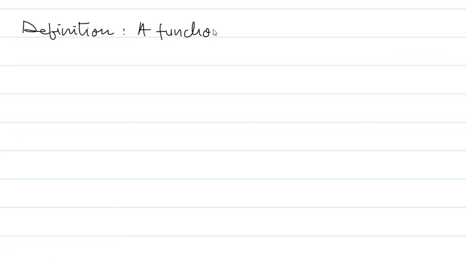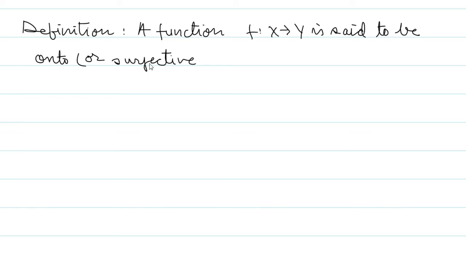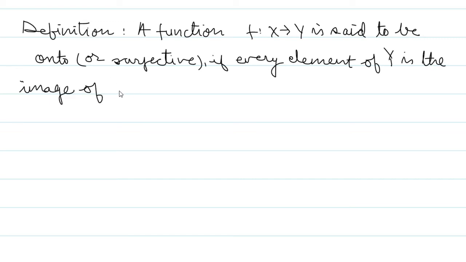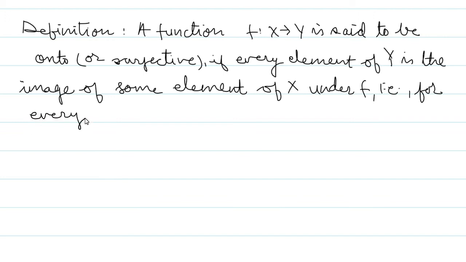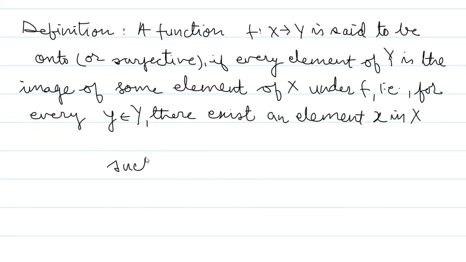Definition 2. A function f from X to Y is said to be onto or surjective if every element of Y is the image of some element of X under f. That is, for every element y belonging to Y, there exists an element x in X such that f(x) is equal to y.